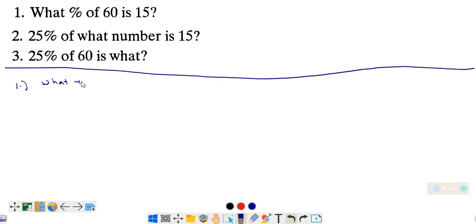So, starting with item number 1. So, number 1. What percent of 60 is 15? So, what? Siya yung x.